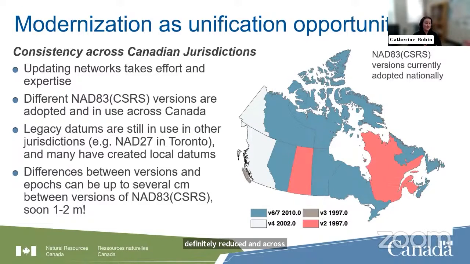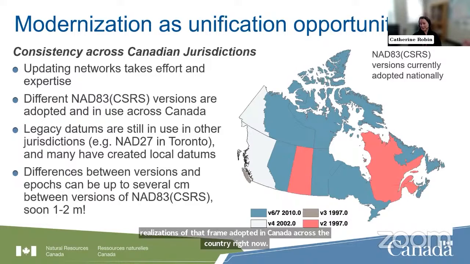And what that means is that different NAD83 versions are adopted and in use in Canada. As we've rolled them out federally, not all the provinces have been able to keep up or felt that there was a strong need to do it. So this is the picture I'm showing on the right. These are the different versions of NAD83, or different realizations of that frame, adopted in Canada across the country right now.